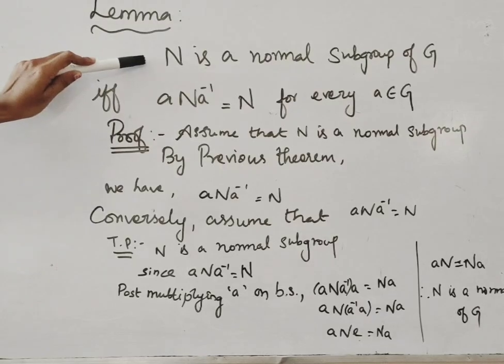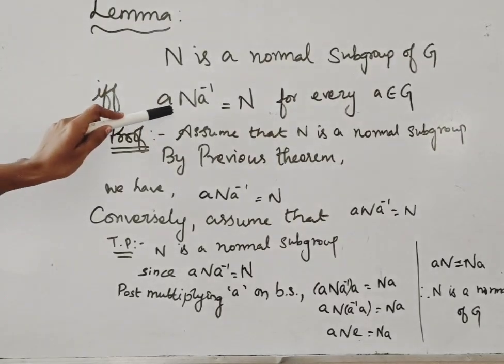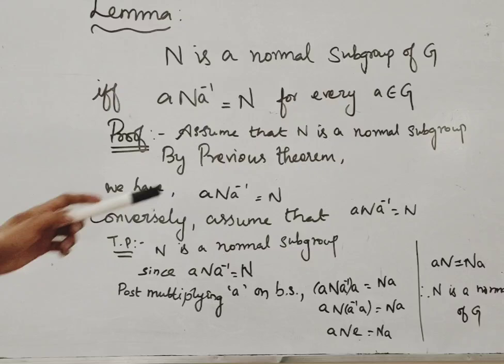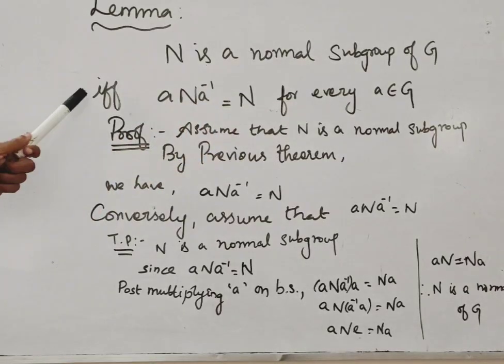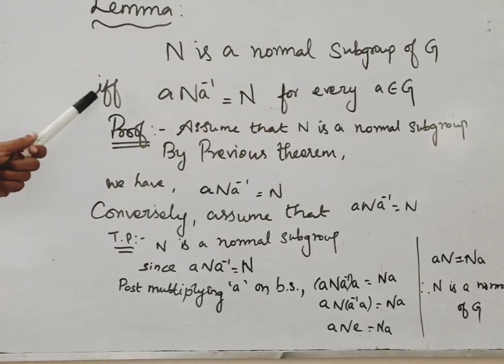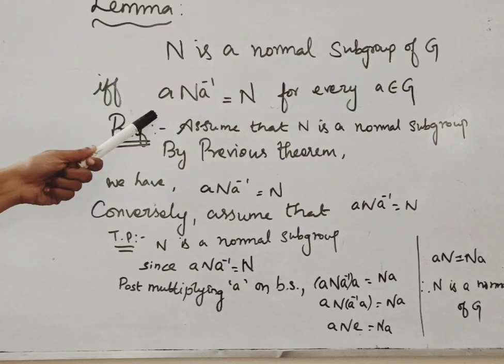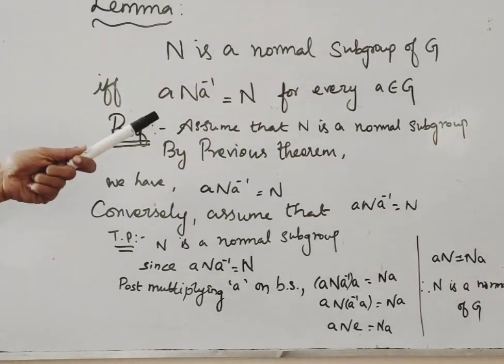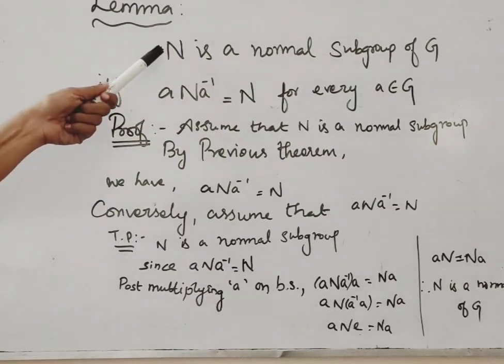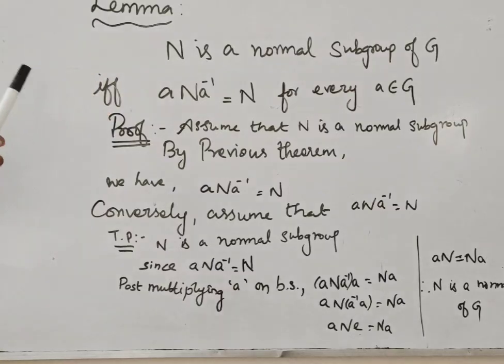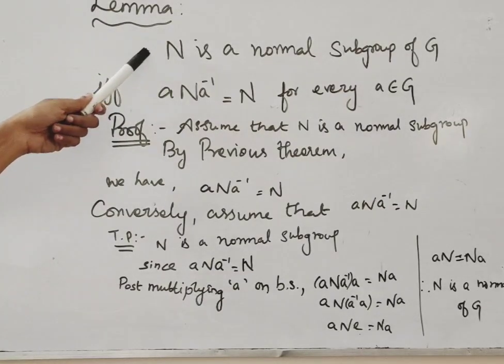N is a normal subgroup of G if and only if aNa inverse is equal to N for every a in G. That means, if and only if means you have to assume the first condition and prove the second condition, and conversely you have to assume the second condition and prove the first condition. This is a very important lemma. Let us take N is a normal subgroup.